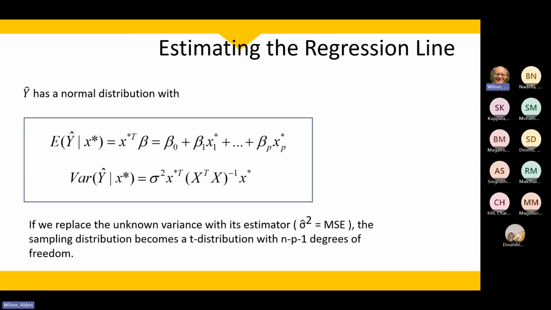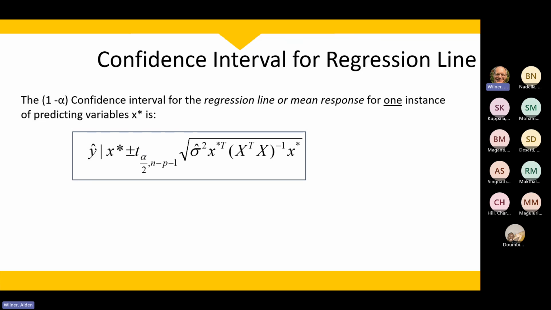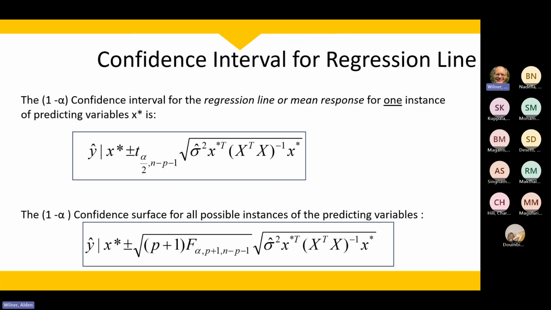We can replace that with the estimator, and we will get a t distribution with n minus p minus 1 degrees of freedom, etc. Going through a lot of math here, which I'm just going to gloss over, but eventually we end up with a nice y hat statistic that is the mean response for one instance of the predicting variables, and is basically telling us how confident are we at this particular spot in the data, the confidence interval is this. For all possible instances, we go ahead and have summations in here using the matrices.